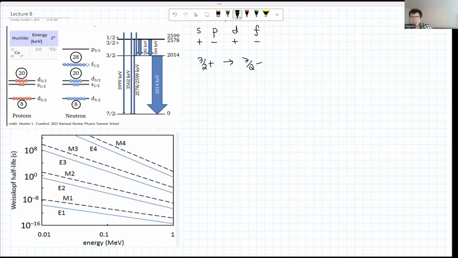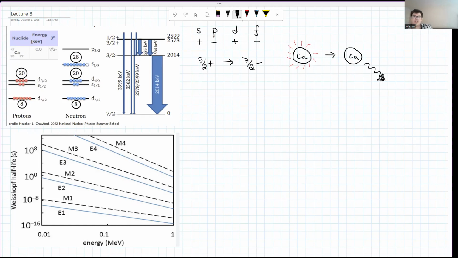Well, we can think about what actually happens. So what actually happens is you have an initial calcium that's excited, we put little red lines showing it's in some excited state, and then it transitions down to a less excited state and emits a photon in some direction.